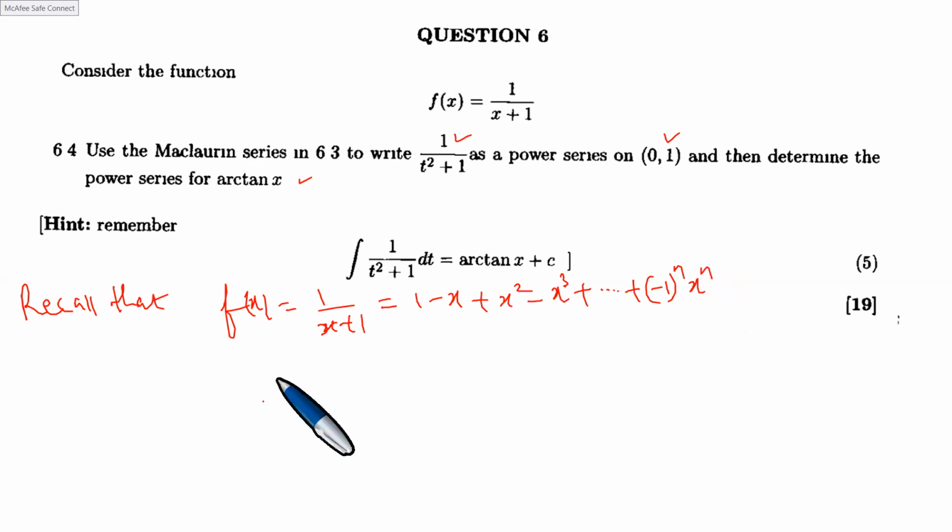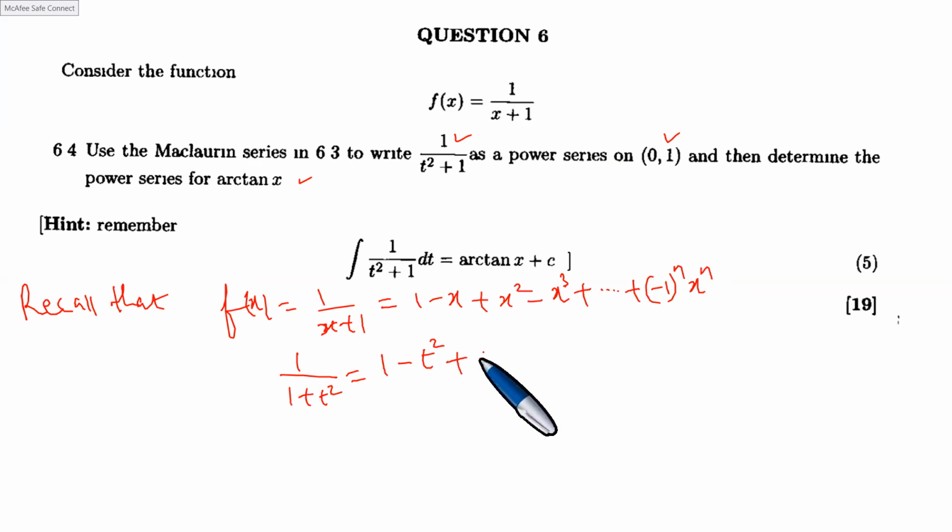Okay, so now you therefore have 1 over 1 minus t squared. Right, so you have that. This you can write in many ways.